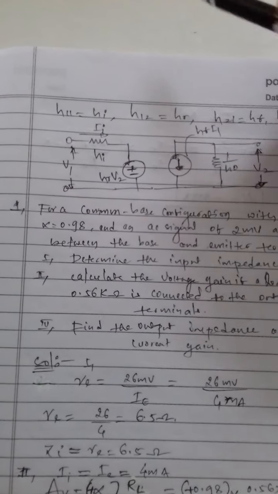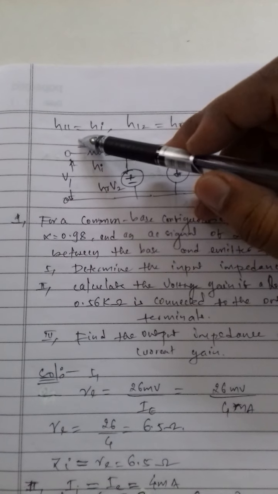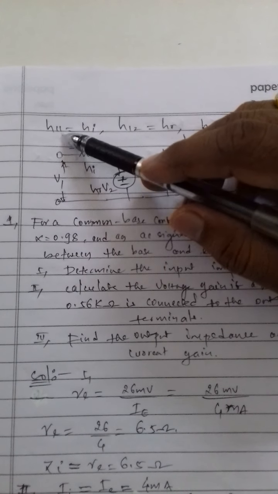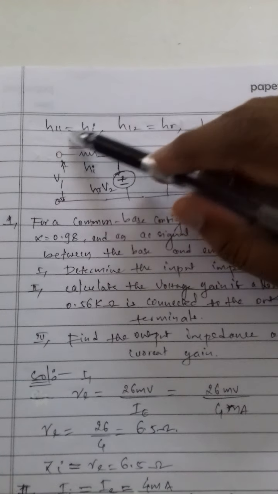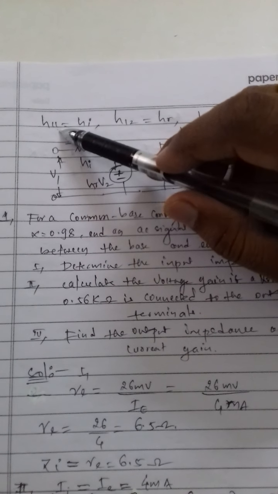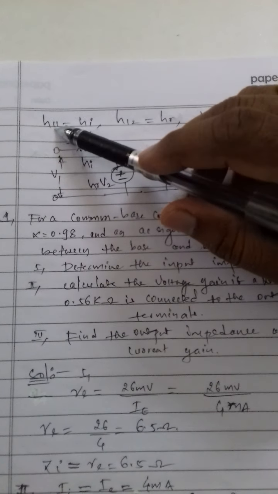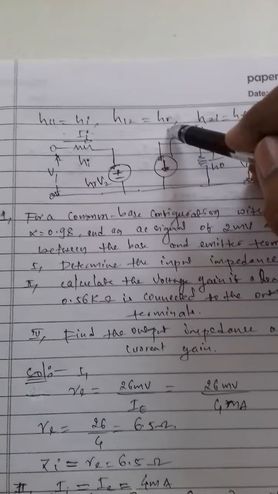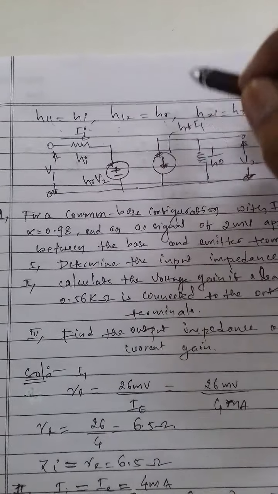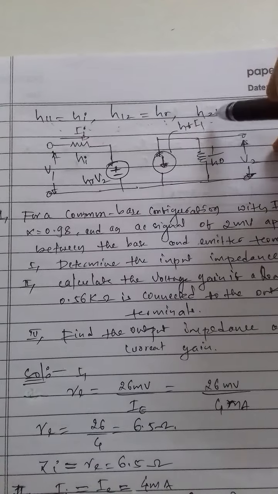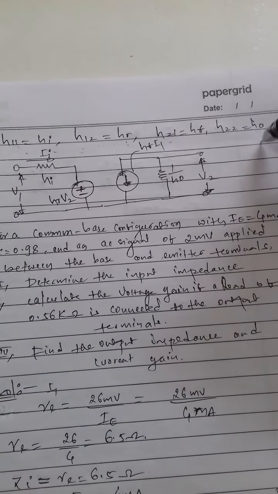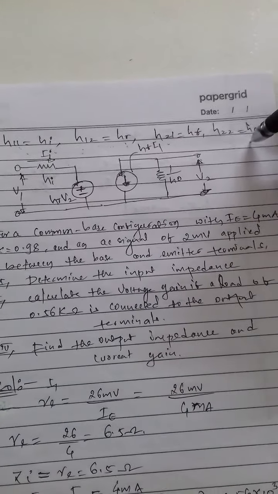Now to modify the circuit, H11 can be written as HI, because it is considered for the input terminals. H12 is the reverse voltage gain, HR. H21 is the ratio of output to input, so HF, forward. H22 is equal to HO, considered for the output terminals.